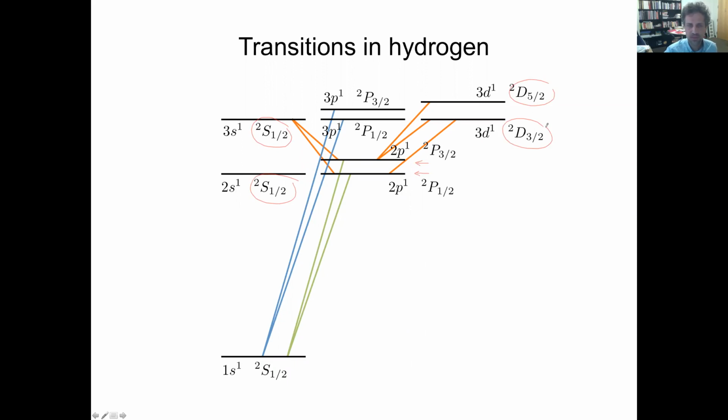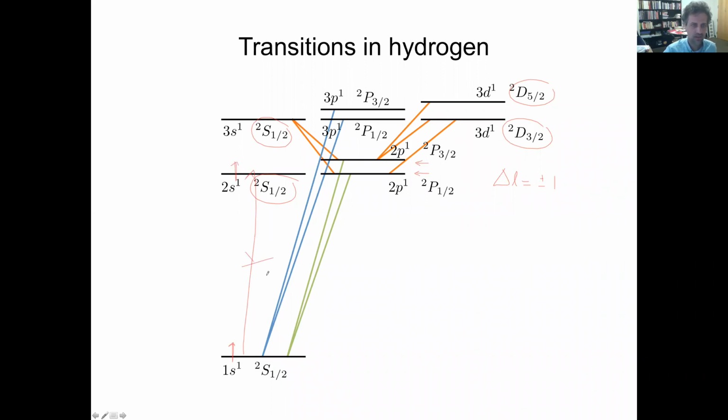Depending on where the electron sits, I can determine the term symbols of the states that the electron can accommodate. And now I'm going to see when I can make a transition between these states. Well, the main rule here is delta L equals plus or minus 1. And that means if I am in a 1s state, I cannot go to a 2s state.